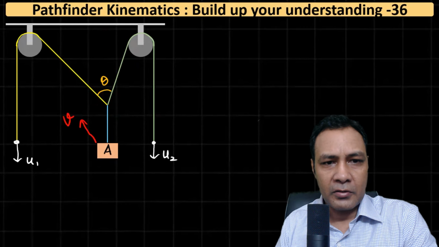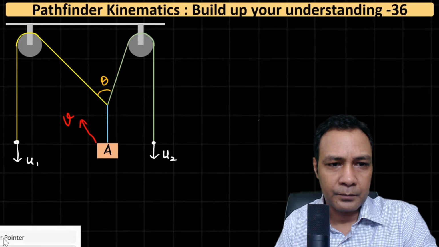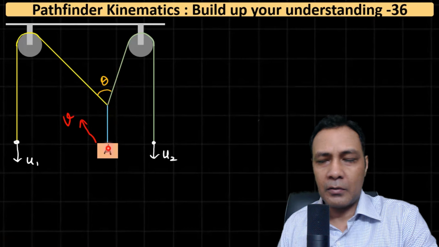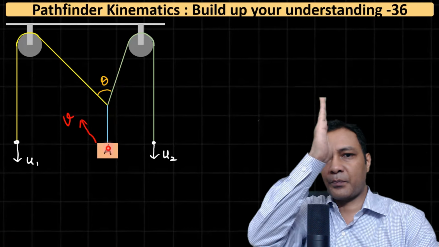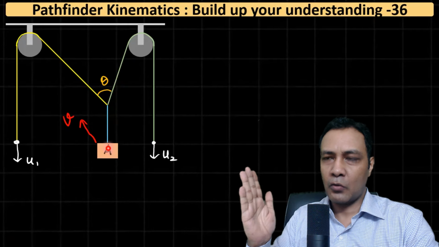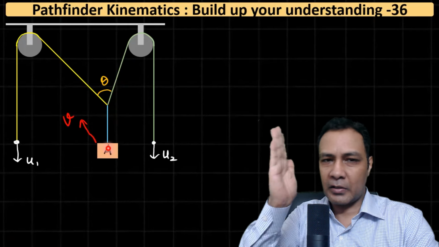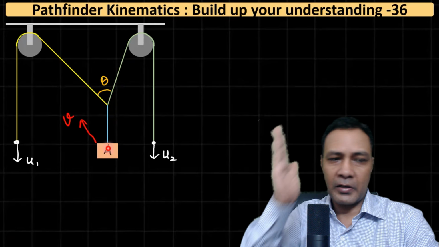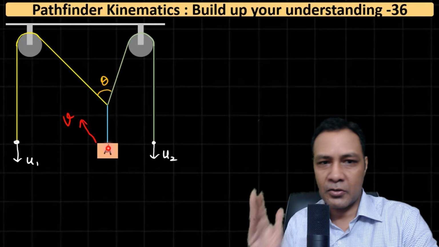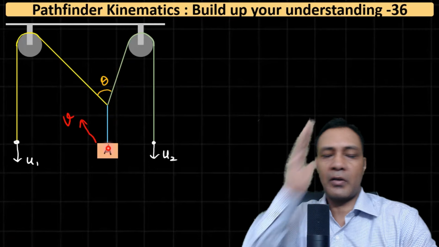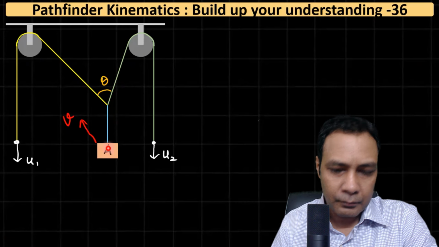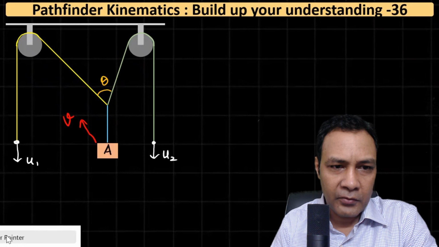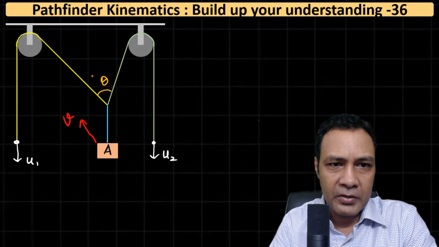So let me take this blue color string. This string will always be vertical, but it will go like this with the velocity of A. So all points of this string at any moment will have the same velocity. At this moment, all points of that blue color string will have the velocity V. So this end of the string will also have the same velocity.